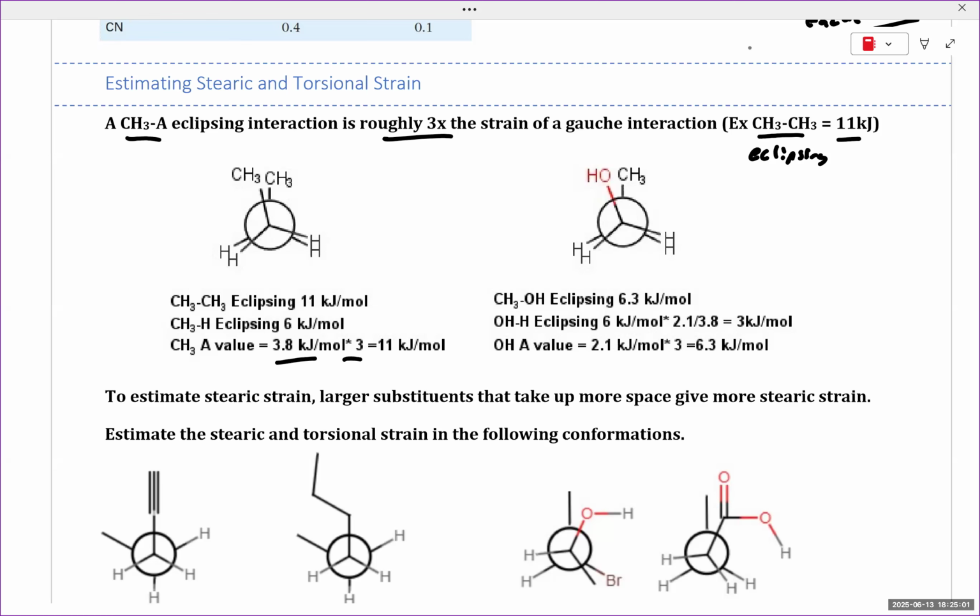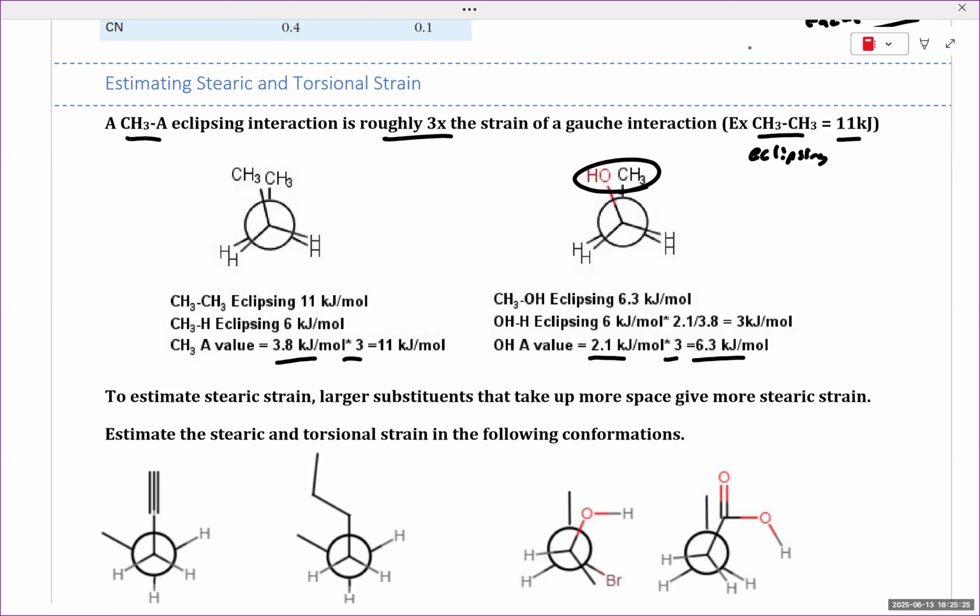By the same token, if we wanted to look at a methyl-hydroxyl eclipsing interaction, we haven't seen that eclipsing interaction before, but we can estimate it. The hydroxyl group A value is 2.1 kilojoules. Multiplying by 3, we get about 6.3 kilojoules per mole.